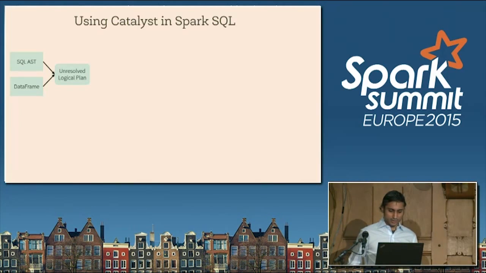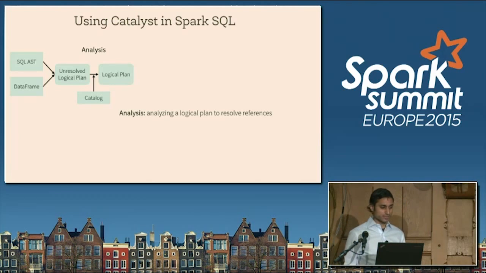How does this work? Well, you take your data frame or your SQL statement, and you make an unresolved logical plan, and then you feed it a catalog, which is basically the types and column names from the external data source. You get a logical plan.